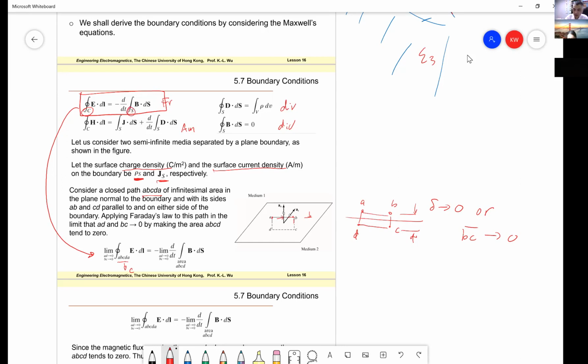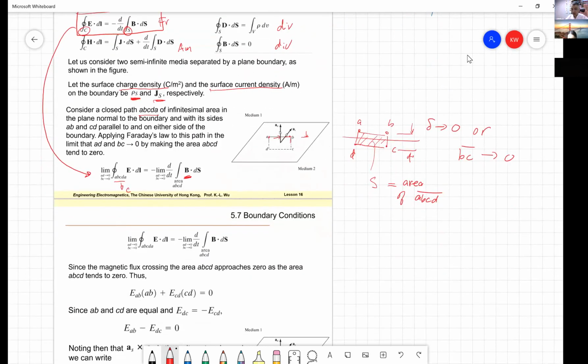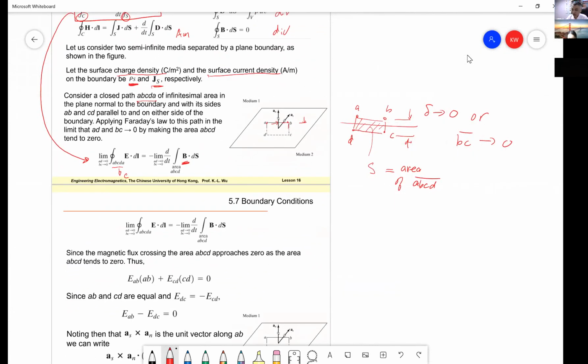Because this S is a surface integration over this aperture, this area of ABCD, this small area. Because this area approaches 0, no matter how large this magnetic field is, the integration will be 0. So this term approaches 0.